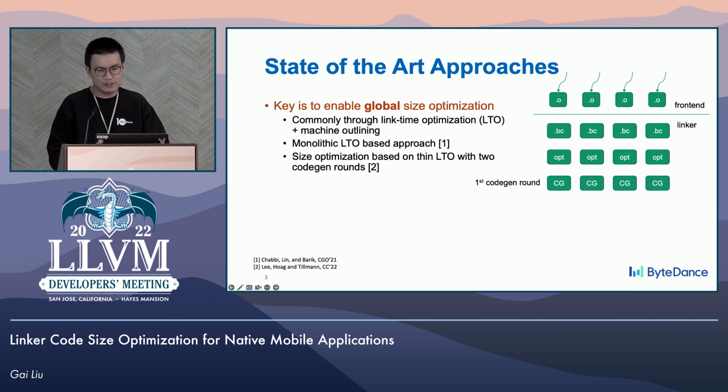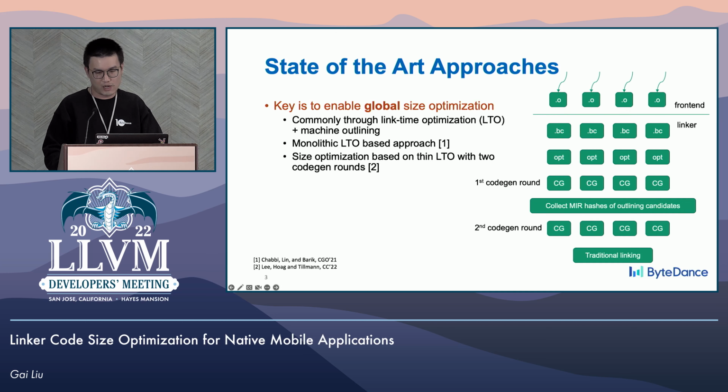To solve the compile time issue of monolithic LTO, ThinLTO was designed to support multi-threaded optimization while still enabling global optimization. Traditionally, ThinLTO mainly focused on improving performance, and the recent work mentioned here extended ThinLTO for size optimization. This is done by essentially running the codegen part twice.